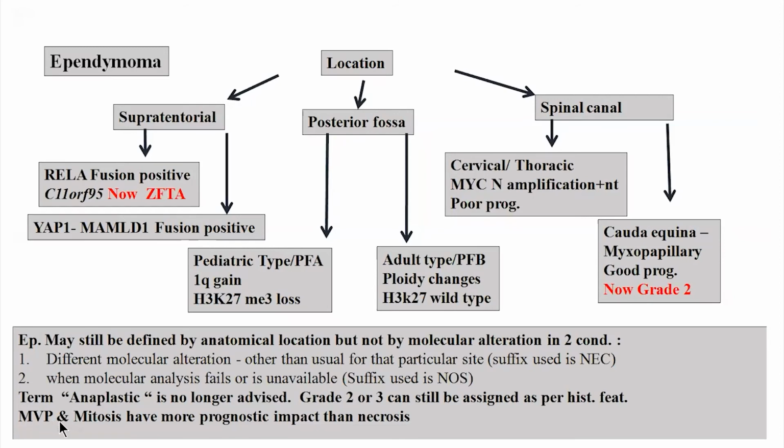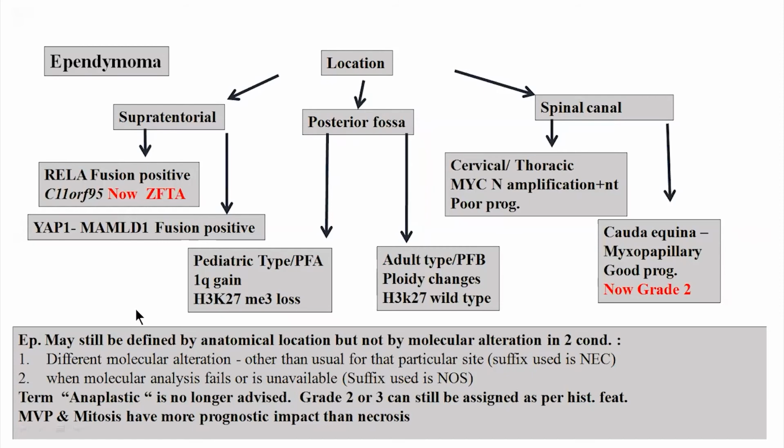And one more important thing is that MVP, microvascular proliferation, and mitosis are more prognostically relevant compared to necrosis. So necrosis may be seen as an irrelevant finding, and the more important ones are microvascular proliferation and mitosis if we are grading it systematically.